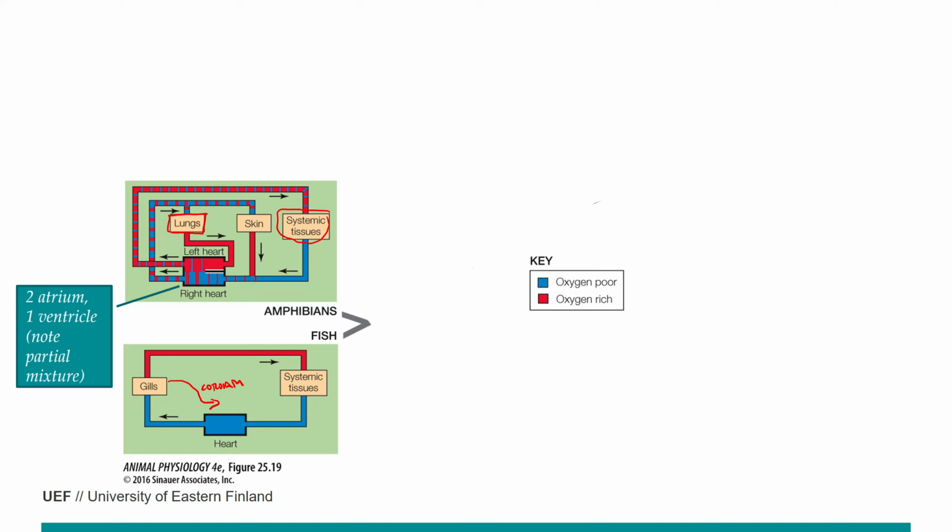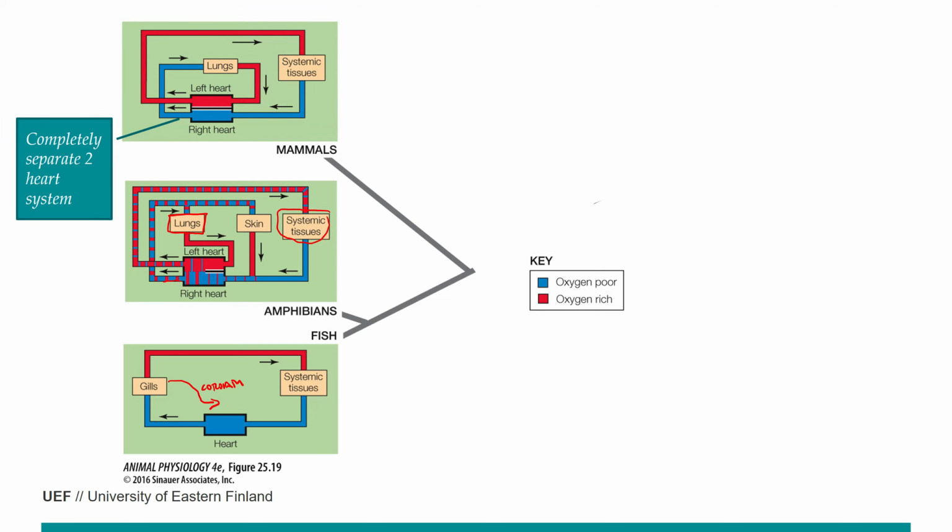But although it's one chamber, it's only a partial mixture. So mainly the systemic tissue blood is flowing on one aorta to the lungs, as well as a little bit to the skin, and then this oxygenated blood is mainly flowing to the systemic tissues. So it's not completely handicapped on this.